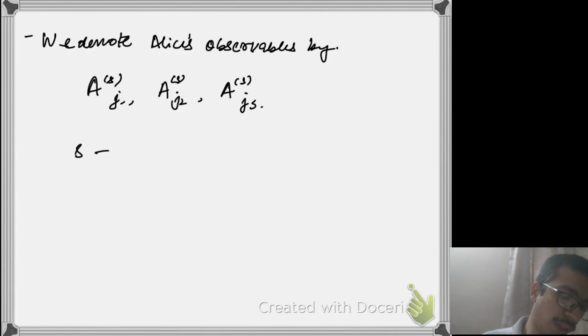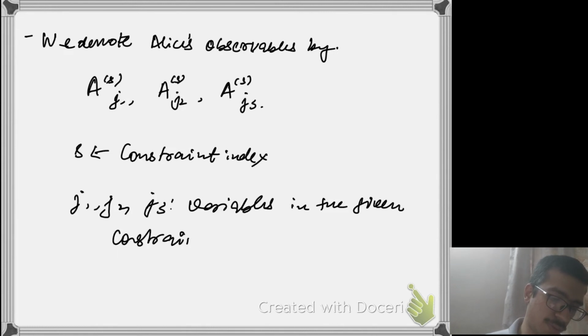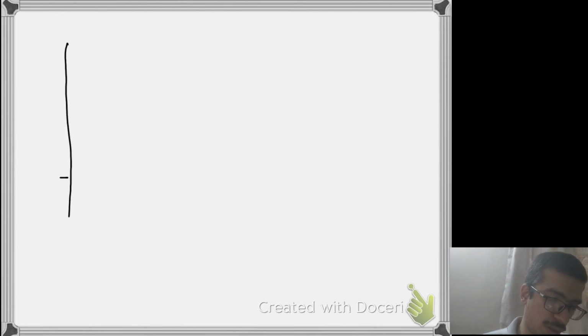So S is the constraint index and J1, J2, J3 are the variables in the given constraint. So let's actually write it in the form of a grid.